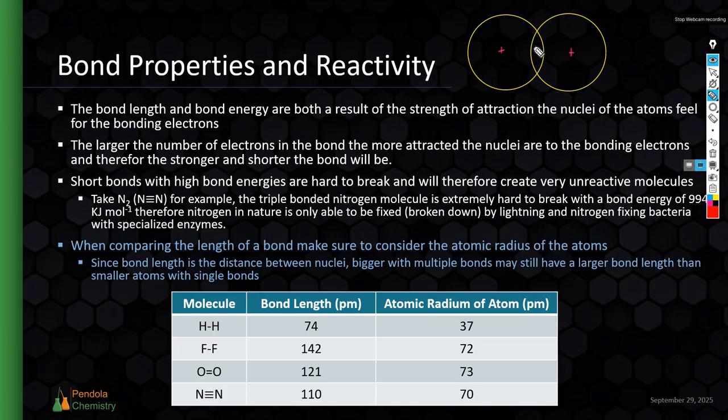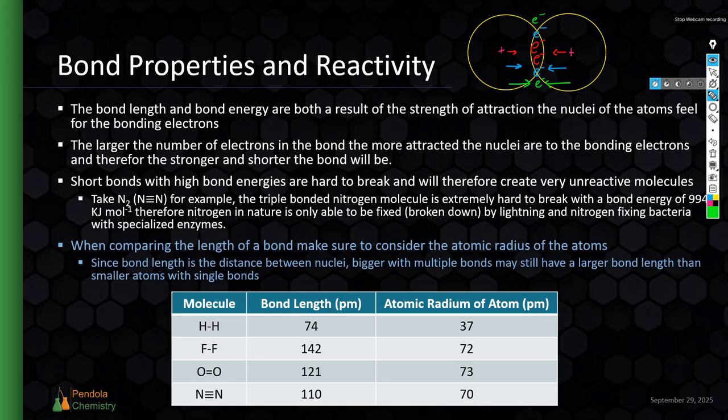If I only have 2 electrons here in the center, then I'm going to have a weaker attraction towards the center, meaning a weaker bond, lower bond energy, and a longer bond, than if I add another 2 electrons to that bond, which is then going to create even more attraction to the center. And then if I make it a triple bond and add a third pair of electrons, then that attraction will be even stronger between the nuclei and those electrons, making that bond even shorter and more powerful, or having higher bond energy.